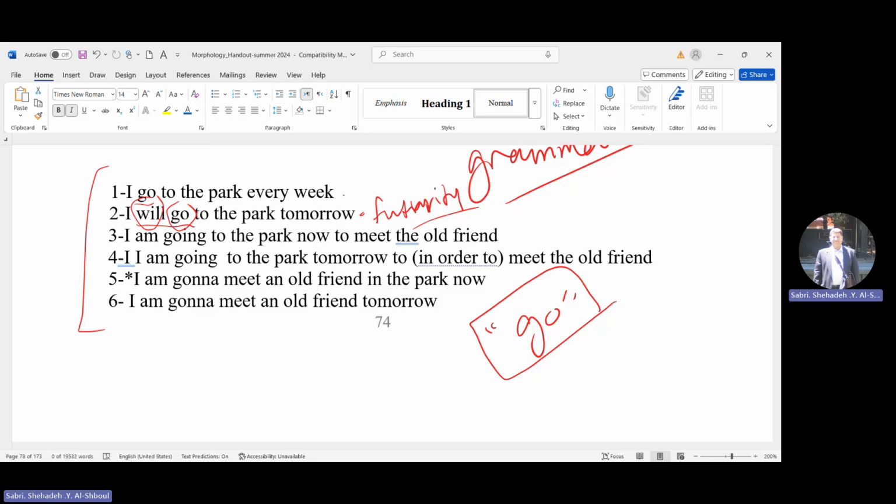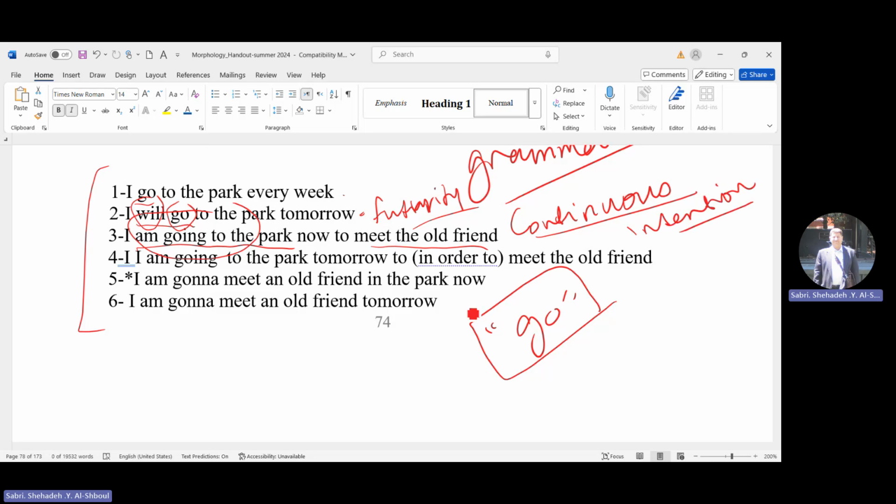"I'm going to the park now to meet an old friend." I'm going now to the park. That means now it is a progressive verb indicating that I am in the process of moving from one place into another, which is the park, of course. Why? In order to meet an old friend. So here we have a verb of going to, which is progressive or continuous, in the process of, and the purpose is to meet an old friend.